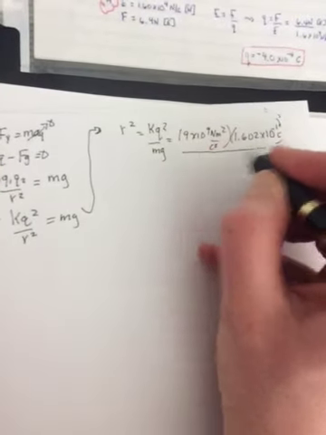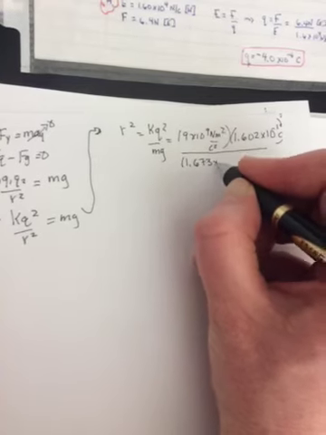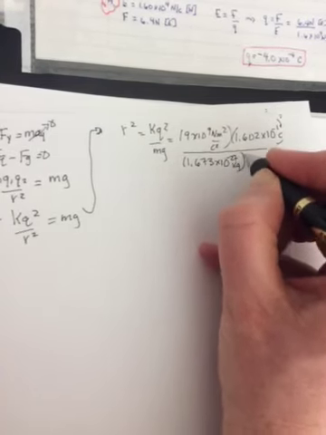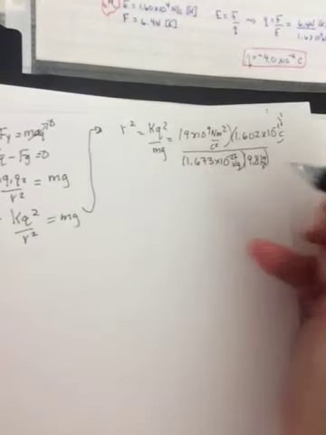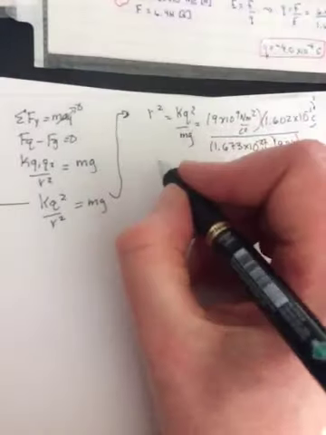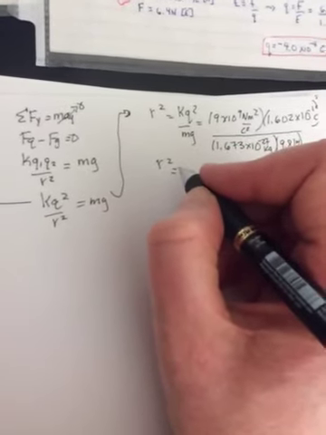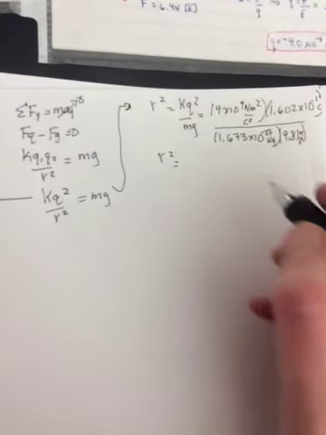The mass of a proton is 1.673 times 10 to the negative 27 kilograms. And of course, g is 9.81 because we are at or near the surface of the Earth. We're not doing this on the moon. So you punch these in your calculator, you get an r squared, and then you are going to take the square root.